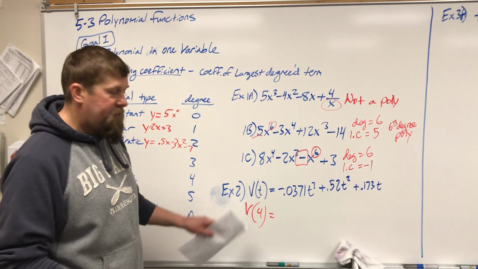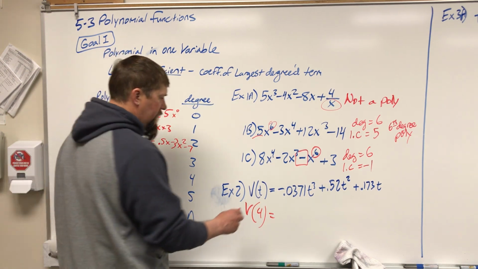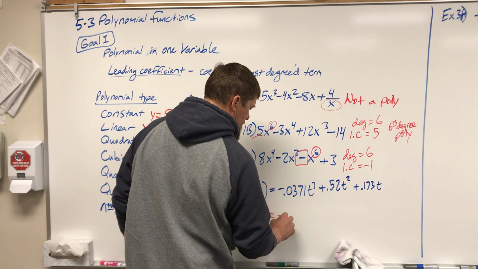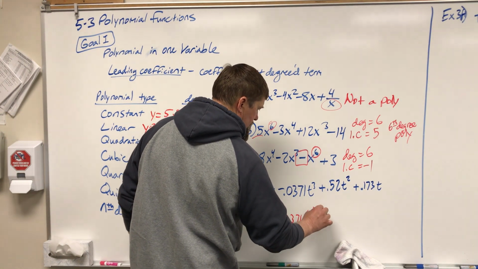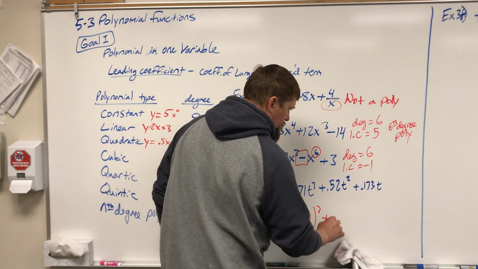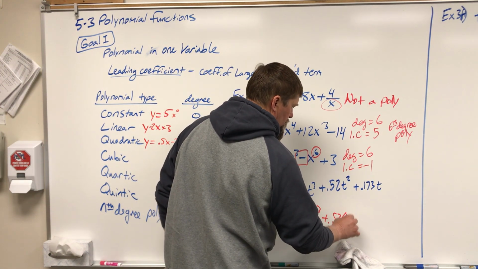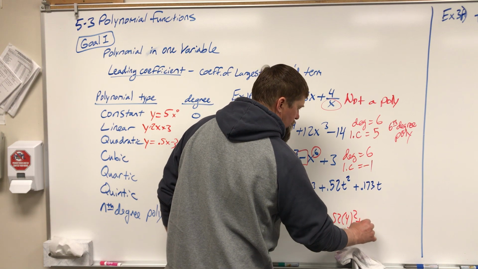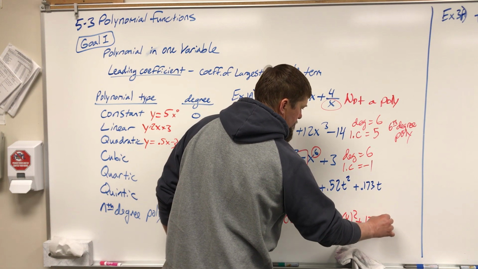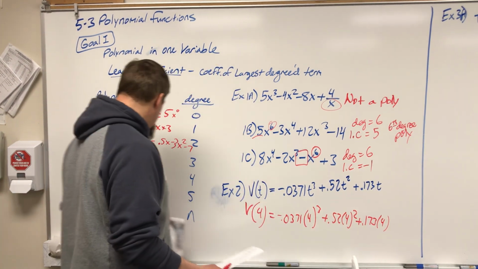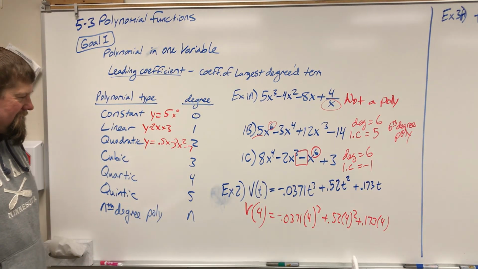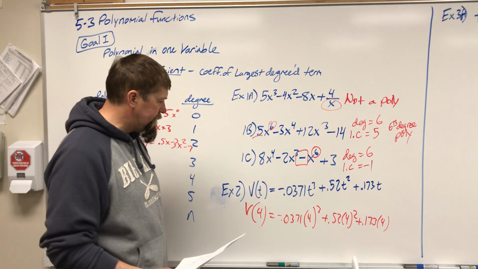So if we're looking for v of 4, you're going to put 4 in for t. So negative 0.0371 times 4 cubed plus 0.52 times 4 squared plus 0.173 times 4 would be my evaluating the volume at time t, or time 4.